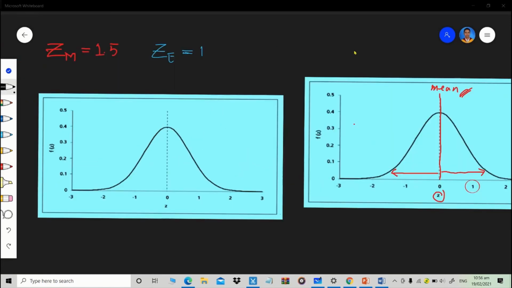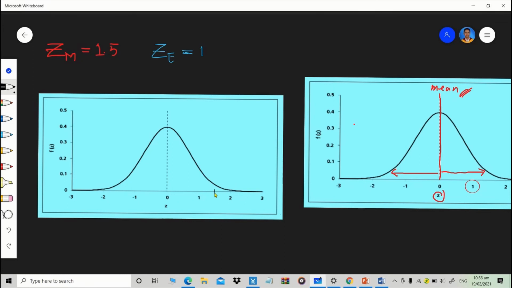Okay, interpret natin yung result natin para sa z-score of math and z-score of English test. His z-score in mathematics test is greater than the mean score by 1.5 of the standard deviation units. So, saan banda yung 1.5? Nandito, no? Nandito yung z-score ng mathematics test.